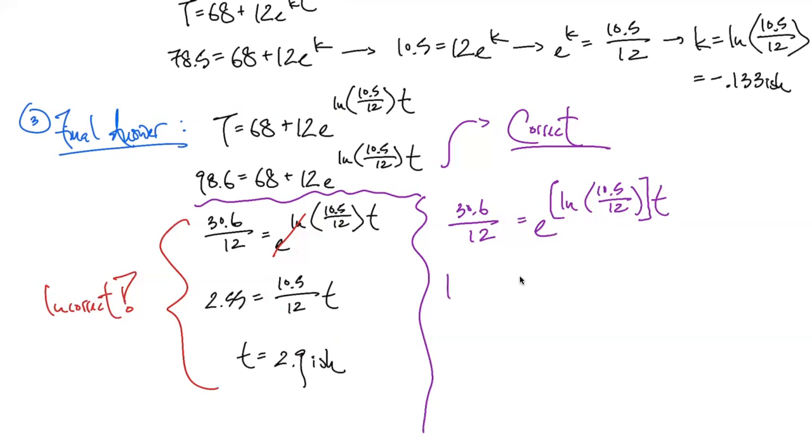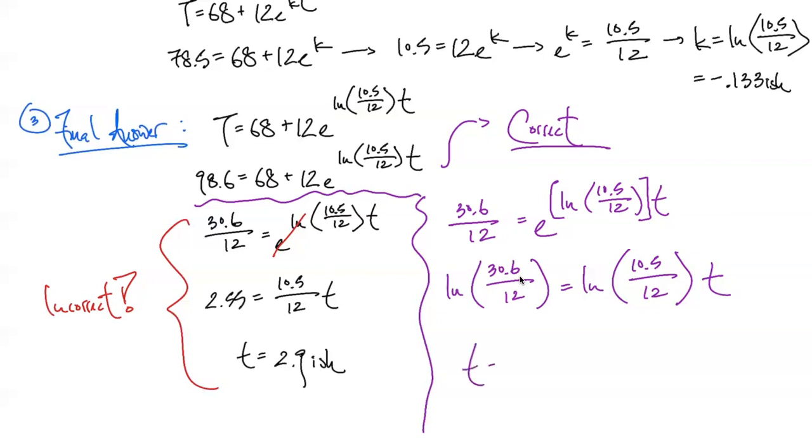So we'll end up with natural log of 30.6 over 12 equals natural log of 10.5 over 12 times t. And now we can isolate our t, and let's see what we end up with. We'll get t equals this natural log divided by that natural log.